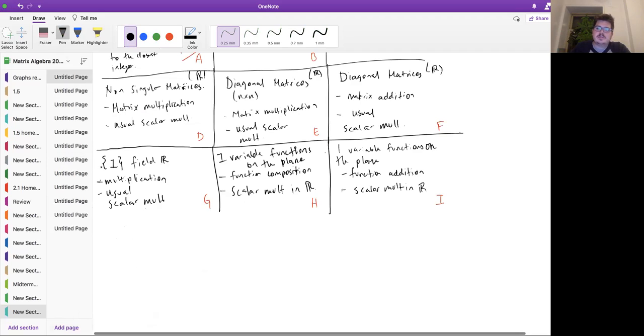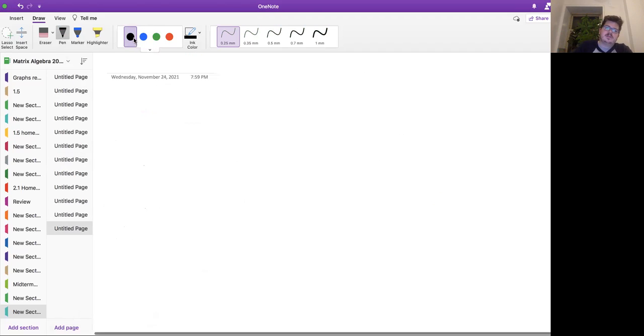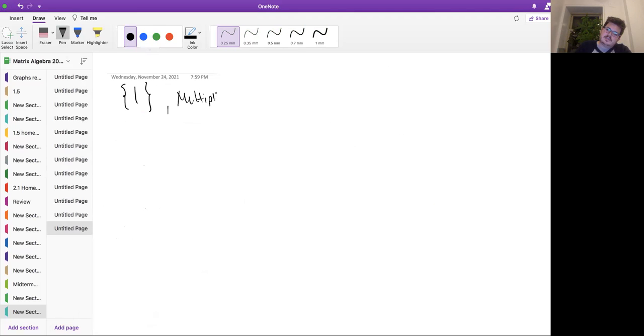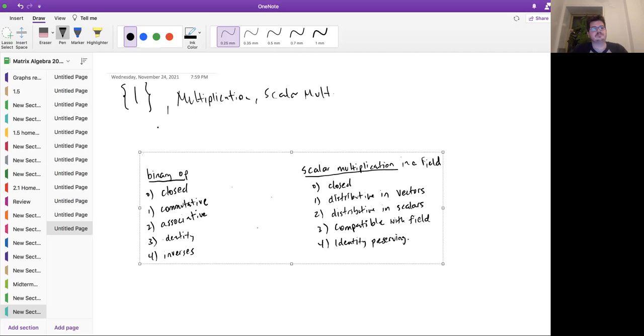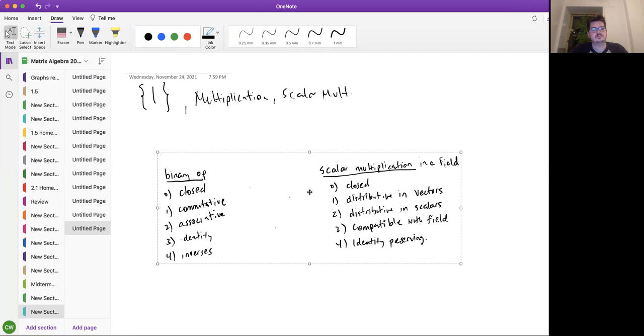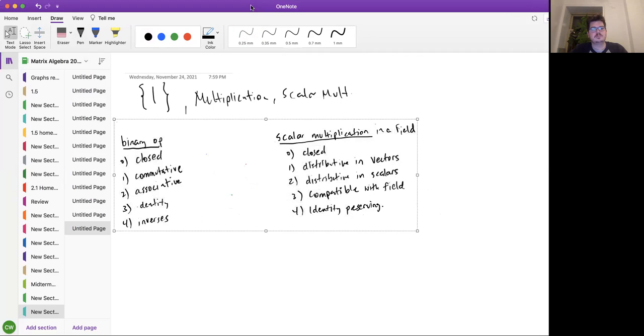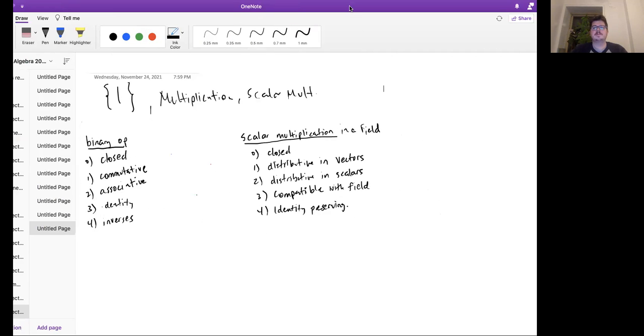All right, so let's continue. Oh yeah, here's just a fun one. Let's do the single set one with multiplication and scalar multiplication. Can someone say immediately which is the one that fails? So it's a single element set, just one.